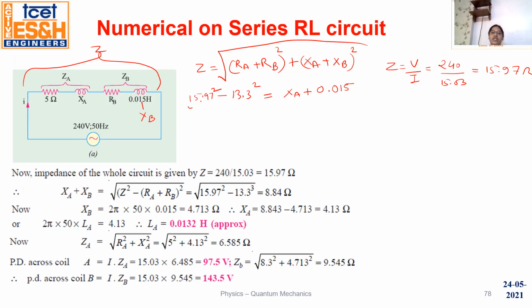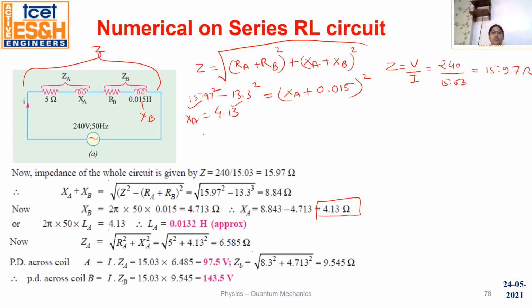So this is the equation. From this equation, we can calculate XA. After solving this equation, you will get the value of XA as 4.13. This is XA.